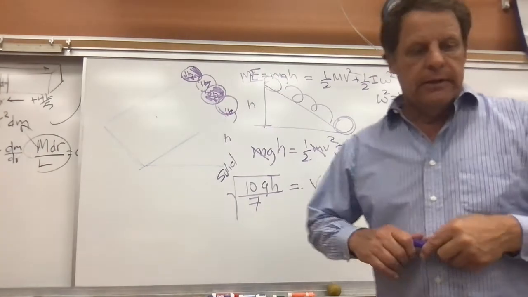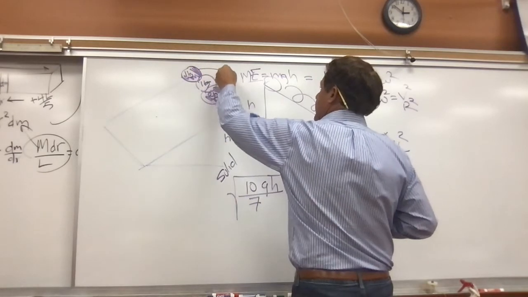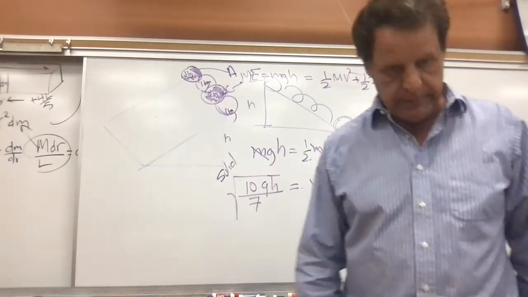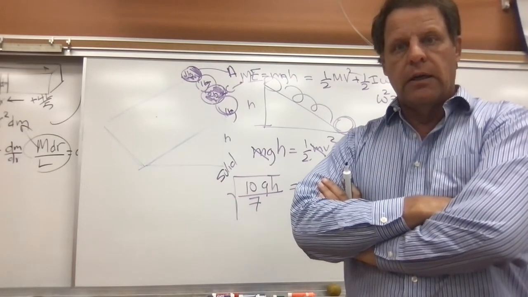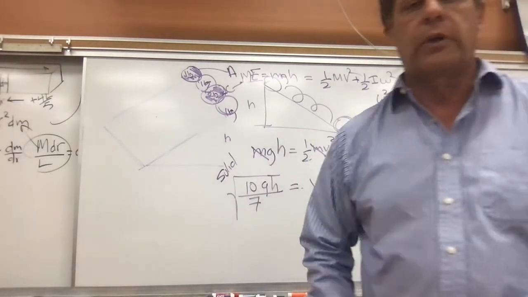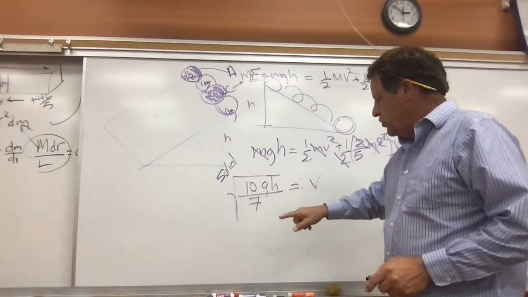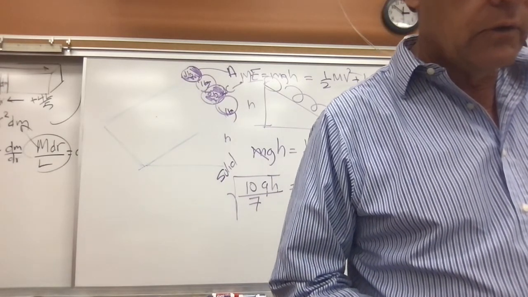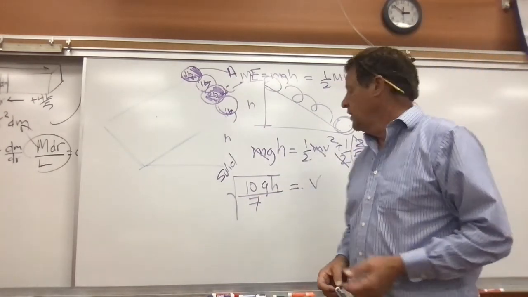That was for A, and the same goes for C. Even though the mass of C was 2, the masses cancel out, as do the radii. So the velocity is the square root of 10/7 gh. Do we know what the h is? We don't, but it's all going to be relative, so we'll get there.